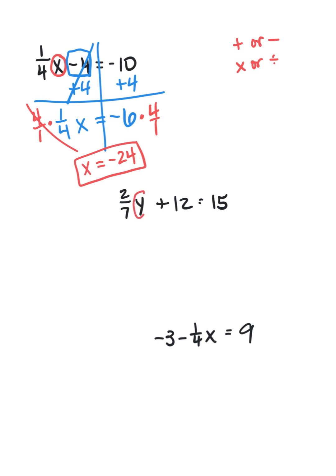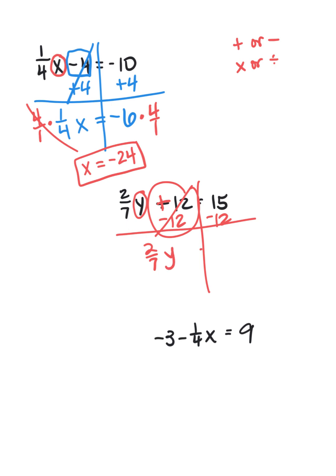Next, here's our variable. We have something being added, so we're going to do the opposite to both sides of the equal sign. There's your 0. 2/7 y is equal to 3. Because 2/7 is being multiplied by y, we need to divide by 2/7. But when we divide fractions, we multiply by the reciprocal. Let me give that denominator of 1 to help us. These cancel out.